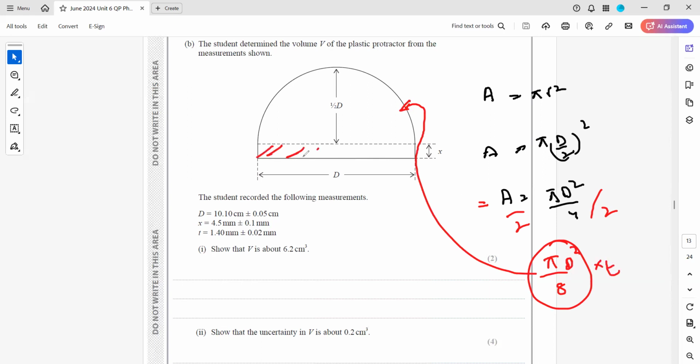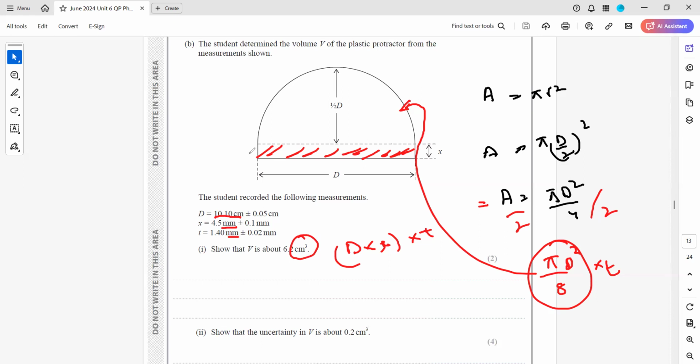And what about the rectangle? For the rectangle, length multiplied by width, so it will be d multiplied by x. That will give us the area. Then I'll multiply by the thickness, so I'll get the volume. Keep one thing in mind: if you see, this is in centimeter, this one is in millimeter. All should be in the same unit. We want centimeter cubed, so I have to convert x and d into centimeter as well.